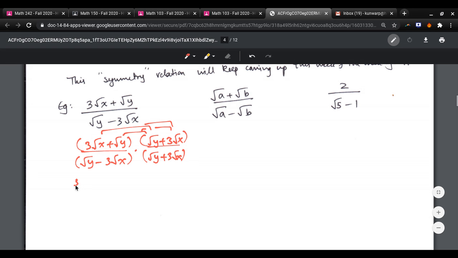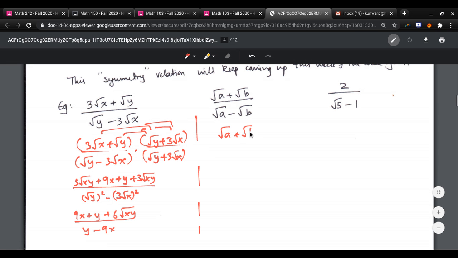Right, so that becomes 3 root xy plus 9x plus y plus 3 root xy. And this becomes root y squared minus 3 root x squared. Keeping the whole terms 9x plus y, combining the square root terms 6 root xy. This is y minus 9x.